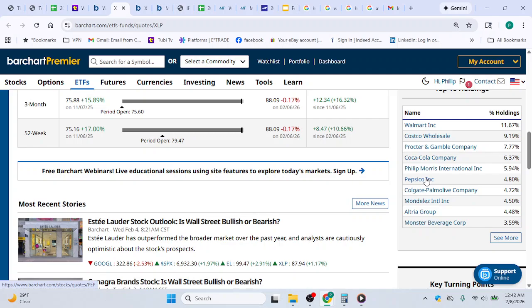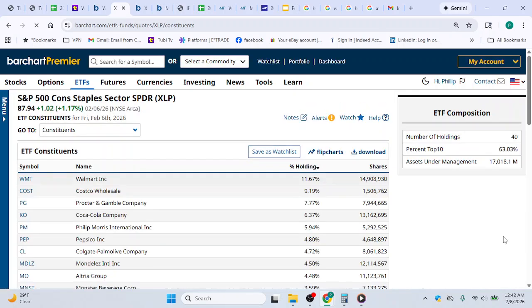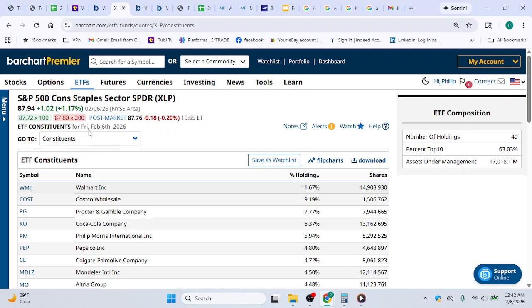Well, another thing we can do is look at this tab here where it says See More, okay? That'll take us to a new page of the constituents within that ETF. And it shows that this ETF has 40 different companies. And within the top 10 of this ETF, 63% of the fund is in these top 10 stocks, okay?